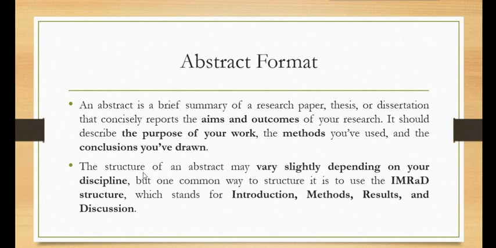Based on this format, as I have explained earlier, it may vary slightly depending on your discipline, but the most common way to structure it is to use IMRAD. Here I stands for introduction, M for method, R for result, and D for discussion.